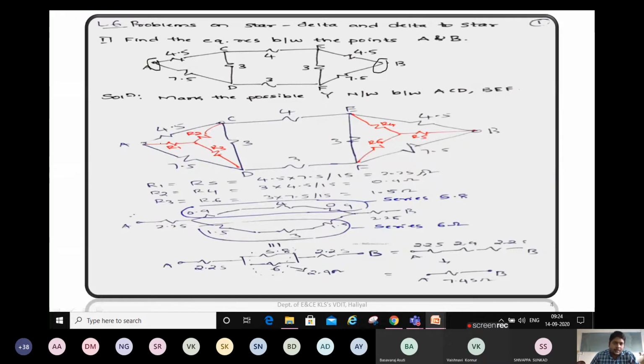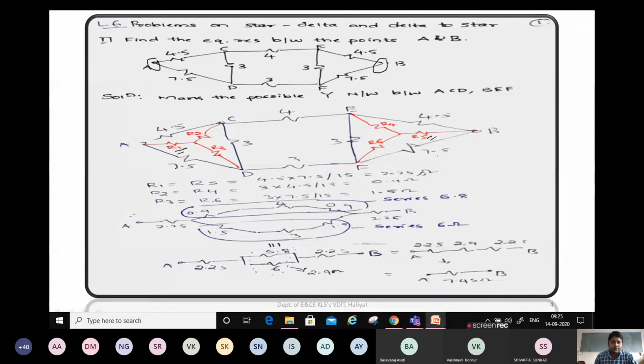Now I can mark the equivalent star network inside this, shown in red, and I will be able to calculate the values. This R1 over here is the same as R5. Both are connected in between 4.5 and 7.5.